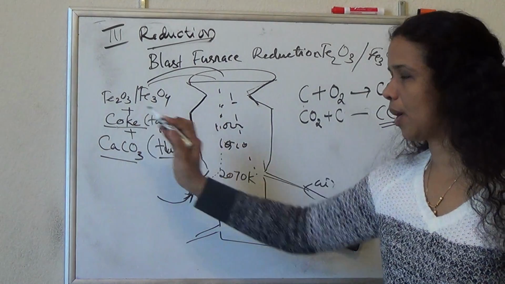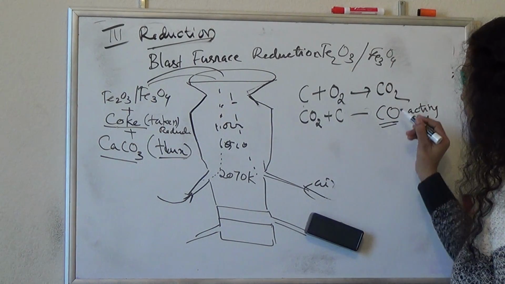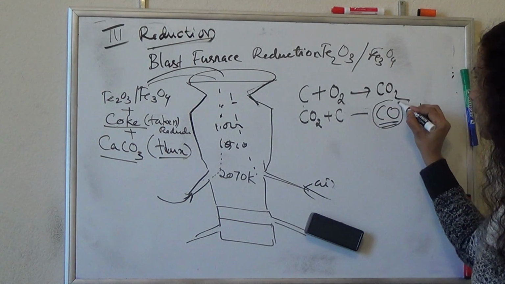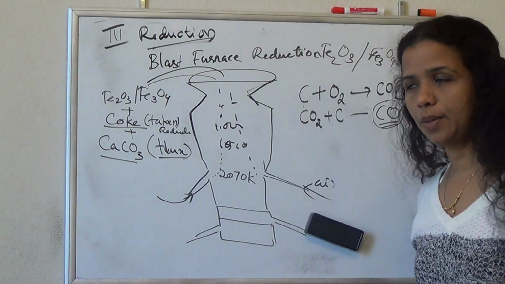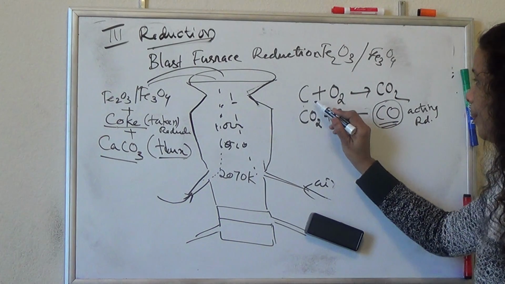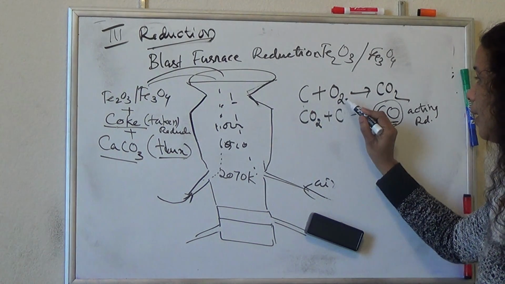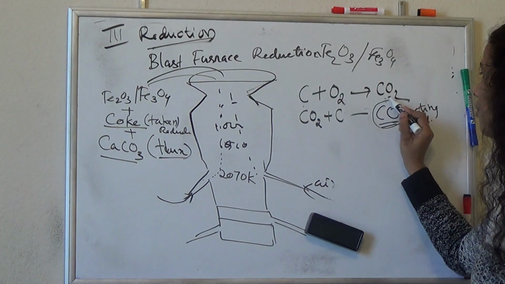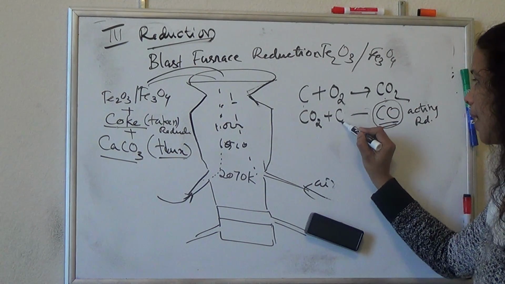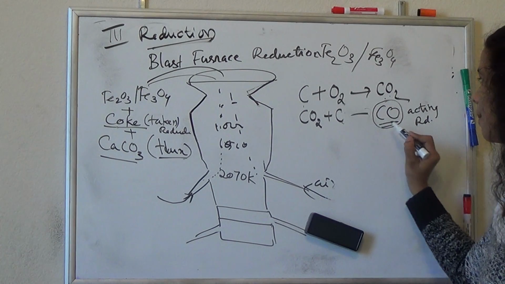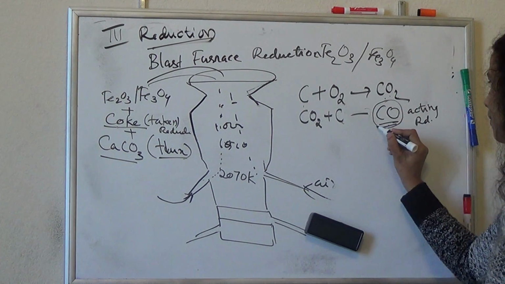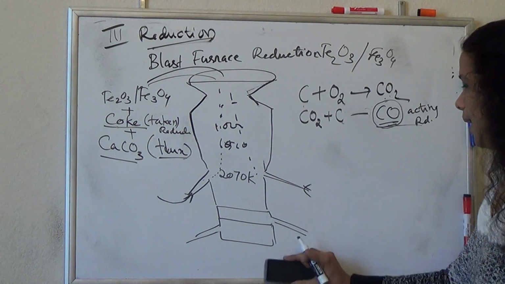Actually we have taken coke as the reducing agent, but the acting reducing agent is CO, which is explained using the Ellingham diagram.